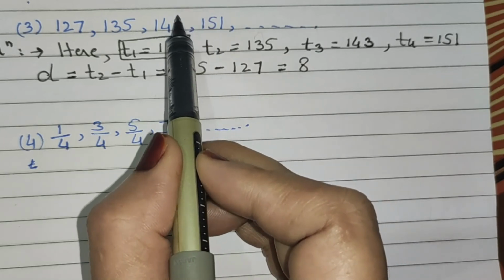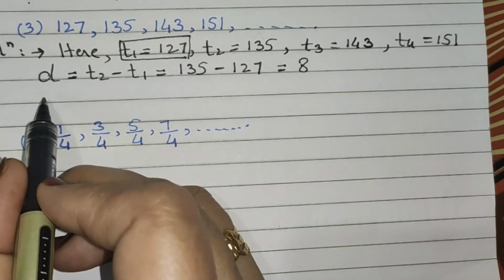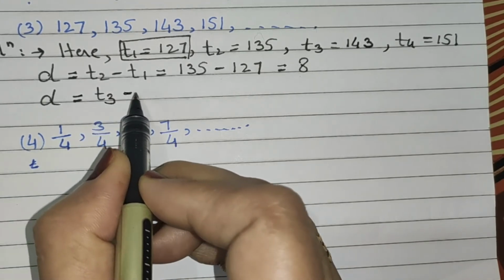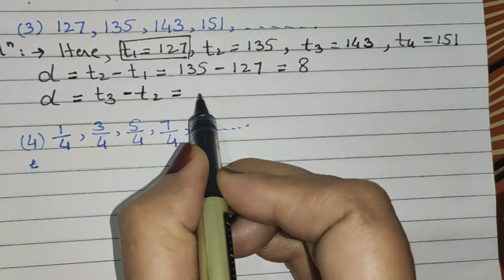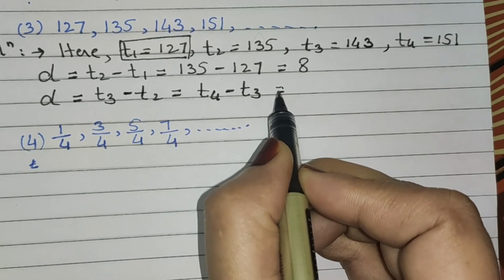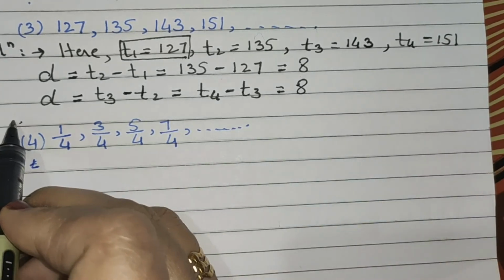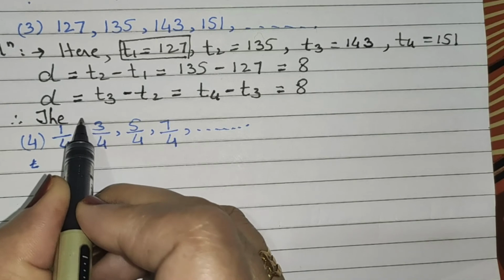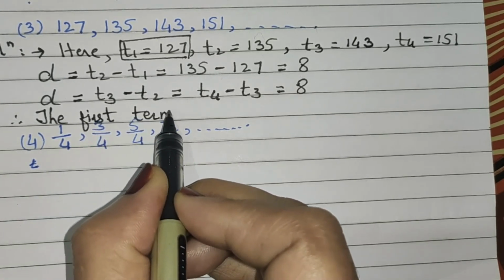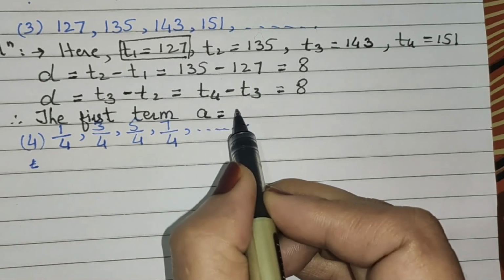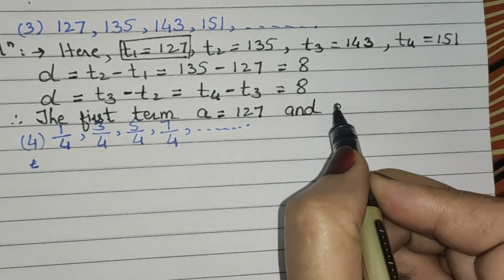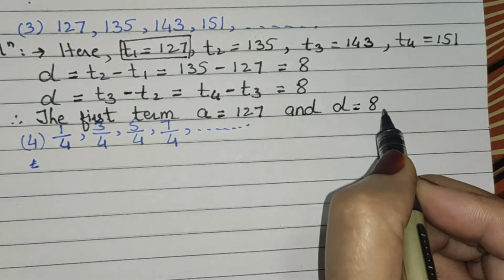We get T4 minus T3, 8. Therefore, D is equal to T3 minus T2 is equal to T4 minus T3 is equal to 8. Therefore, the first term A is equal to 127 and the value of D is equal to 8.